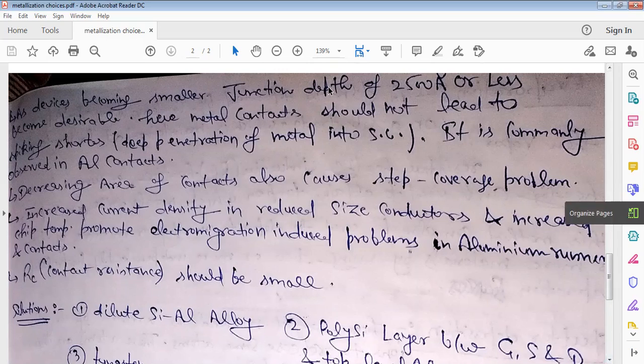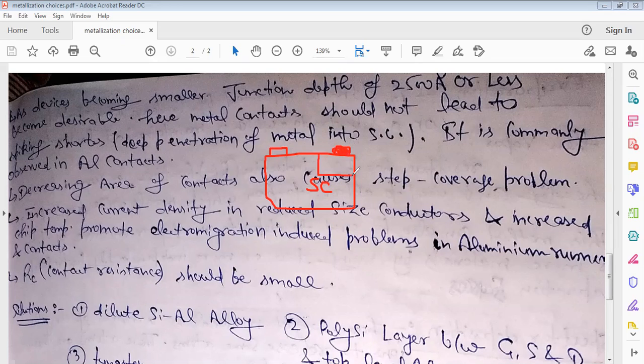Suppose you are making metal contacts like this. Let's say this is the source contact, this is the drain contact. This is your semiconductor here, and this is the metal, and this is your junction. So junction depths are very small also. Spiking shots mean the metal deeply penetrates into the semiconductor.